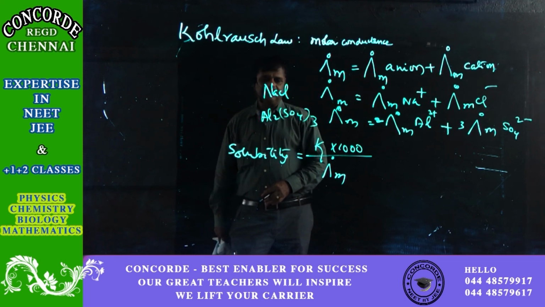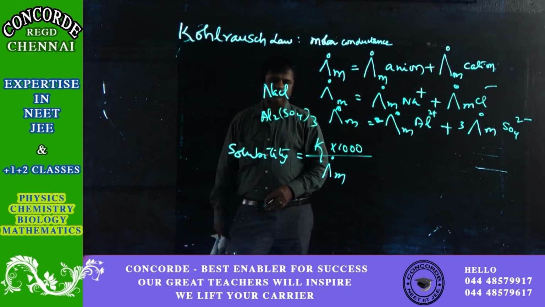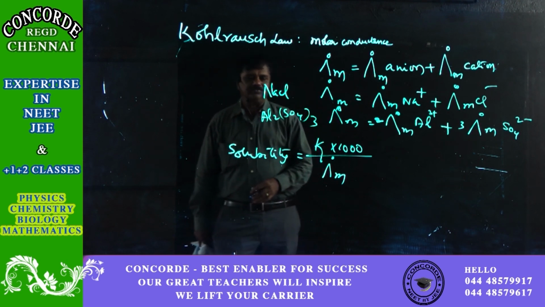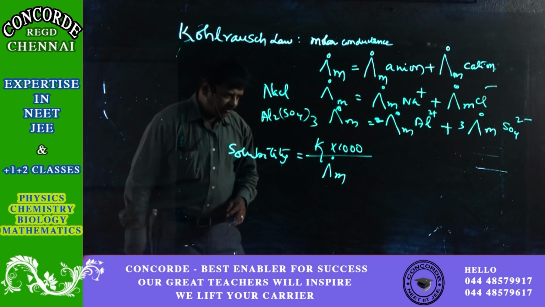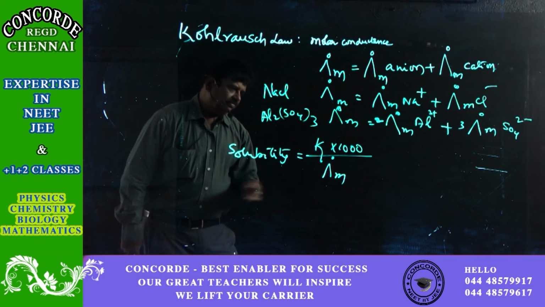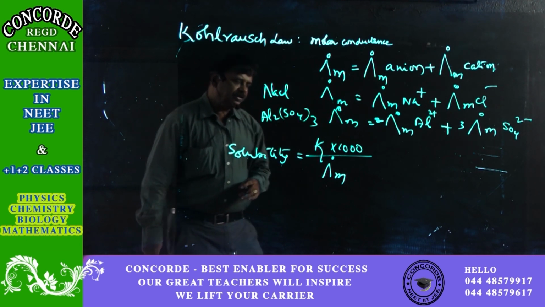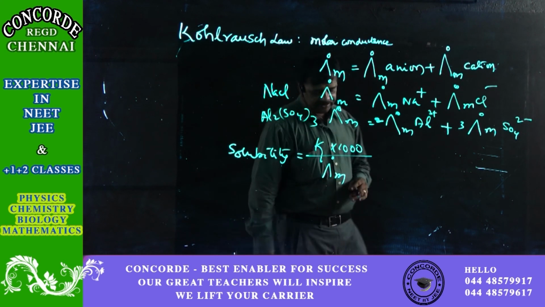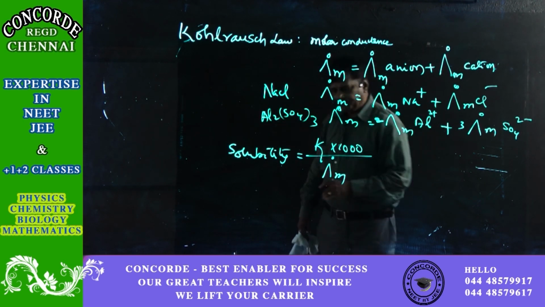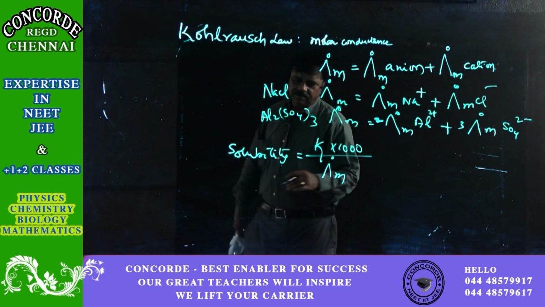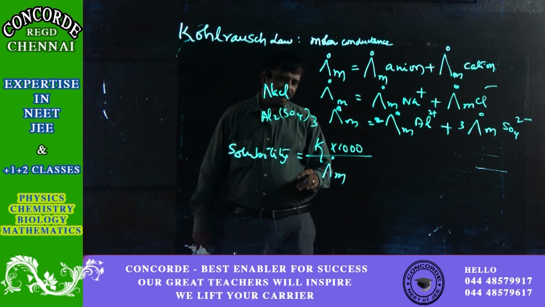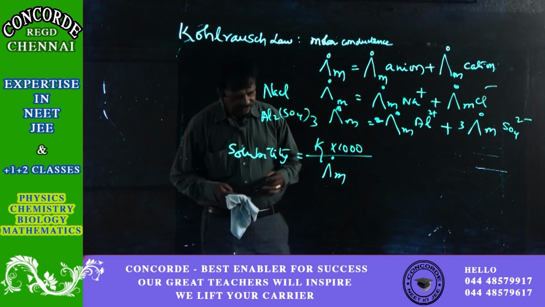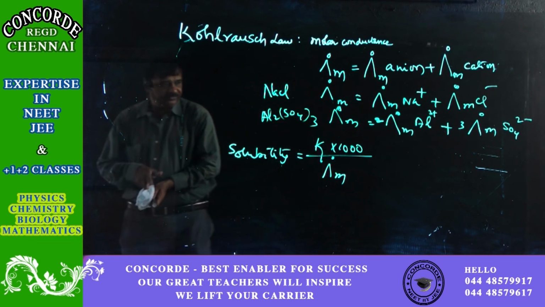There are other applications of Kohlrausch law also. It is used for measuring the degree of dissociation. It can also be used for measuring the equilibrium constants of dissociation. Of course, let us see about them.